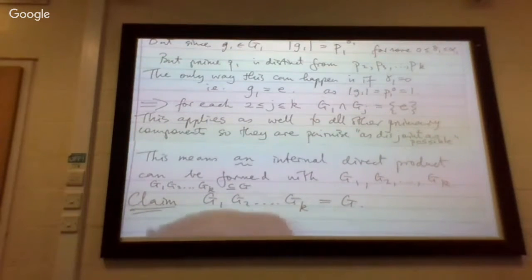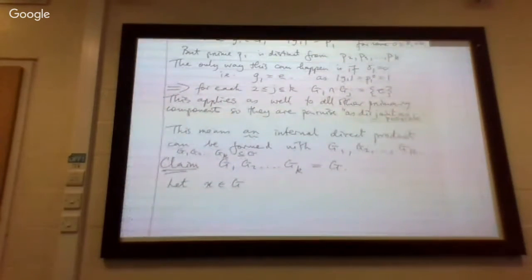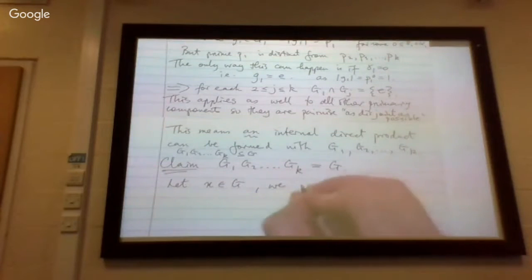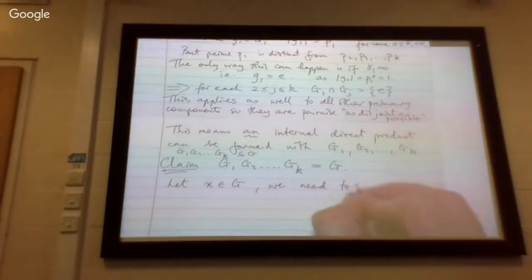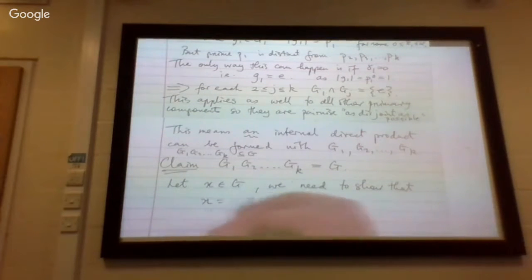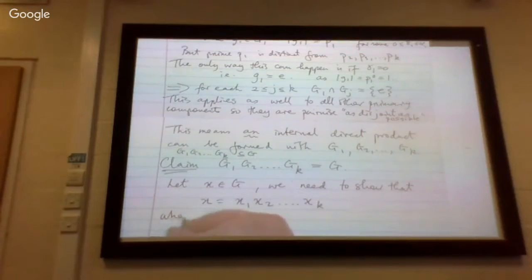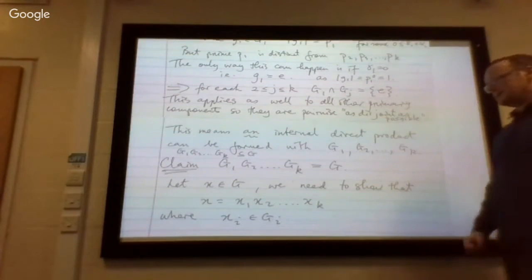So what we'll do is let x be any element of G. We need to show that x can be written as x1 times x2 all the way up to xk, where xi is in Gi.